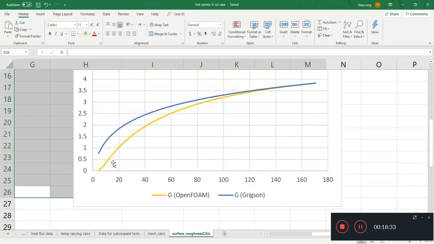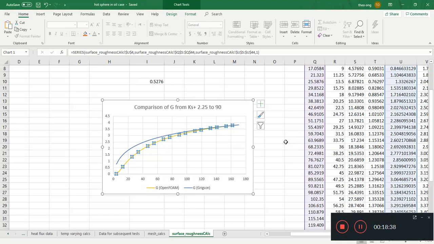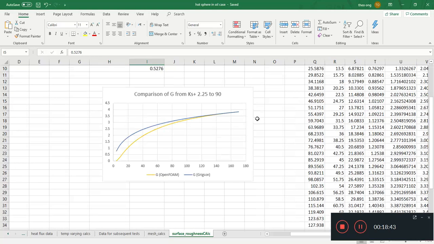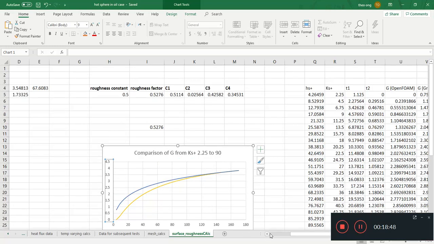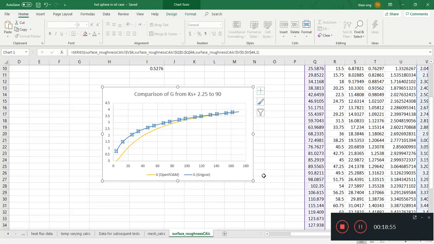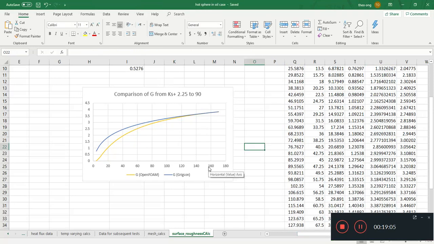As for me, I find this setup pretty comfortable, because the curves really match well, at least in the dimensionless constants, so that this G value matches pretty well, especially at high Hs plus values. Of course the disparity grows over here, which is unavoidable, but otherwise the trend and the shape of the curve do match really well.